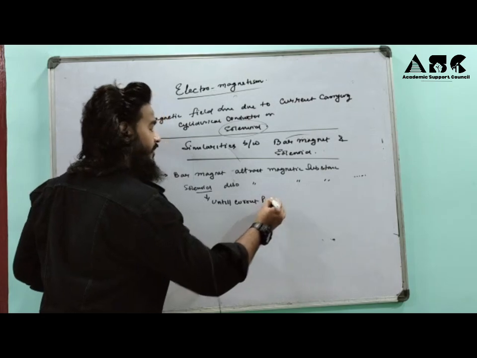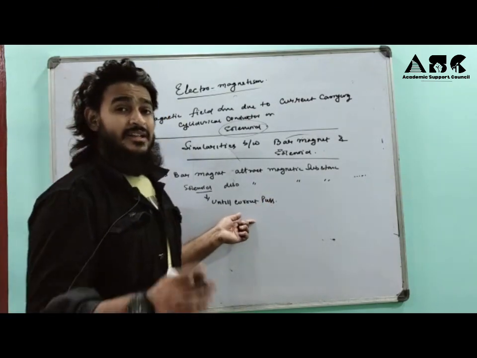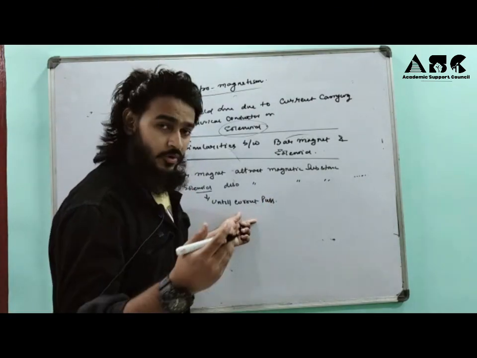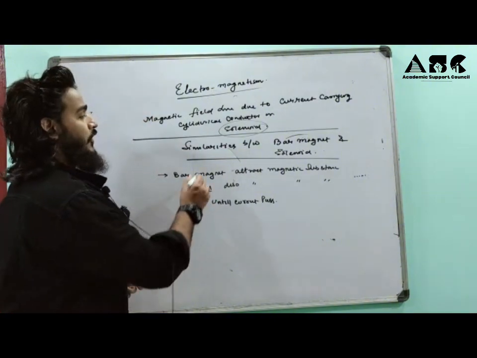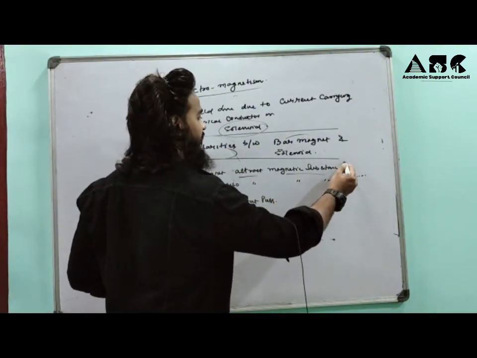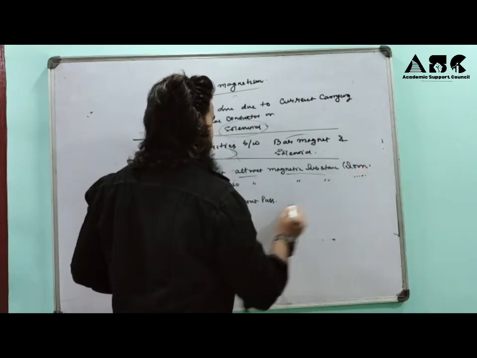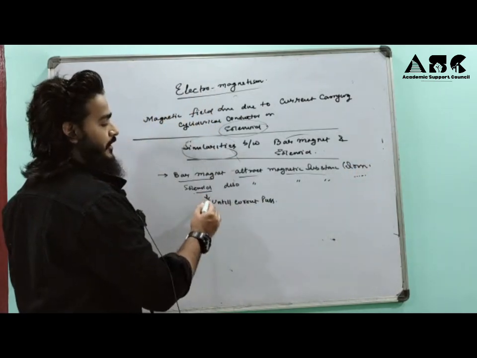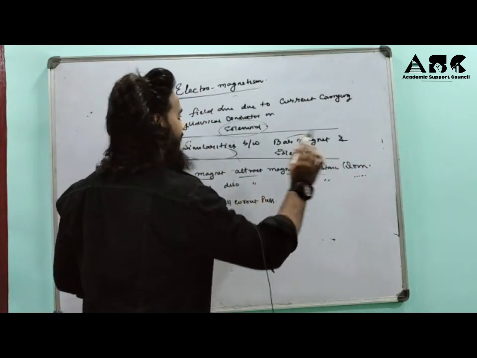If you stop the current, its magnetic property will also stop. So the bar magnet attracts magnetic substances like iron, and whenever current passes through the solenoid, it will also attract magnetic substances.